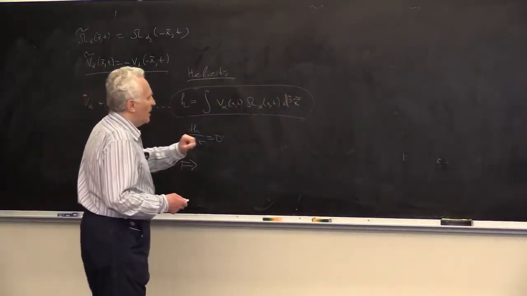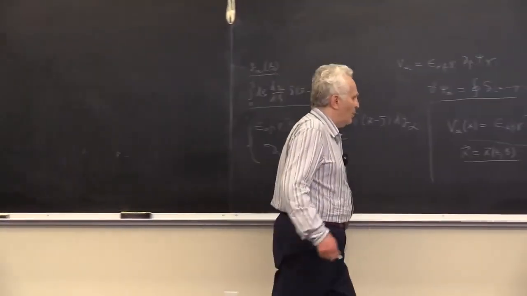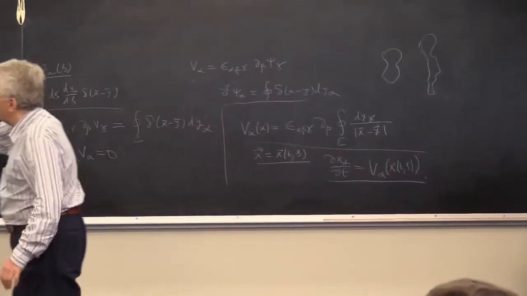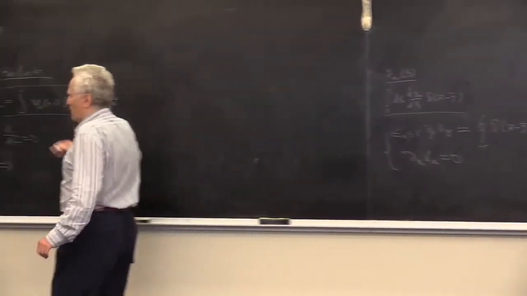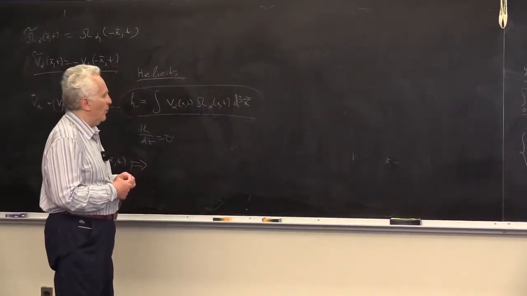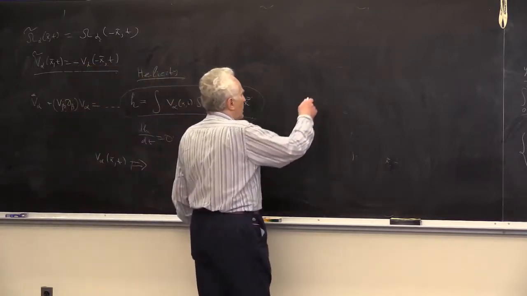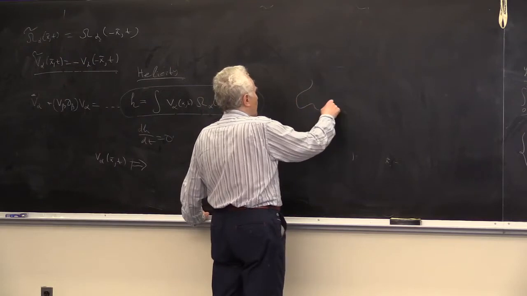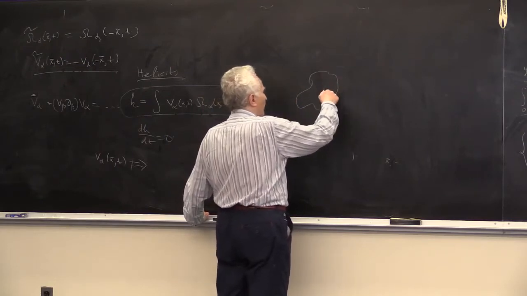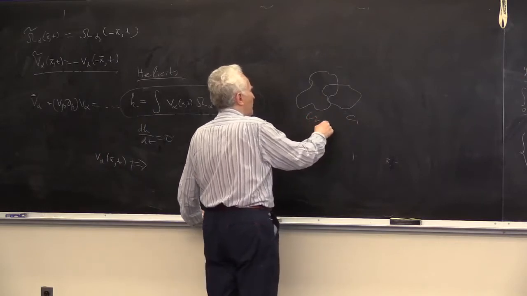Anyway, returning, although we have to move forward, I can't resist describing to you one very beautiful thing which exists in helicity. Let's take two vortex rings, C1 and C2.